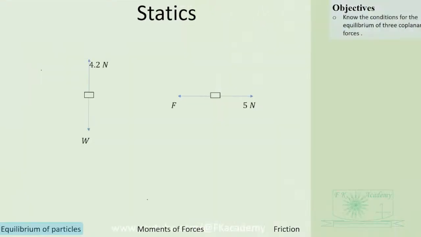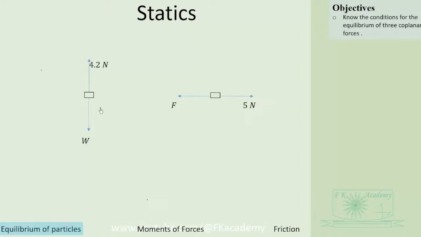So you recall that if an object is in equilibrium, then all the forces acting on it are balanced and they cancel each other out. That means there's no net force on an object that is in equilibrium, so it will not be accelerating. If only two forces are acting on the object, as we can see, then it means the forces must be equal and opposite.